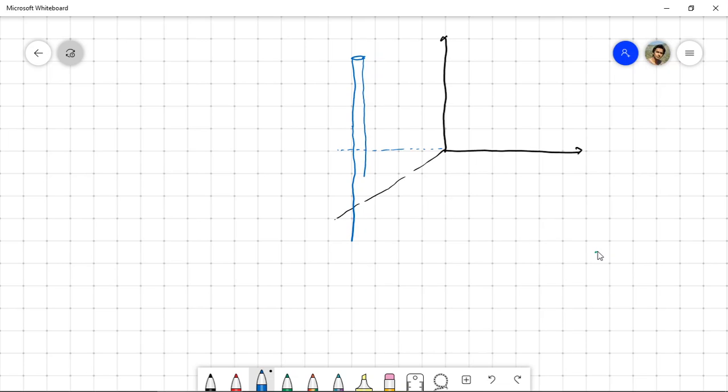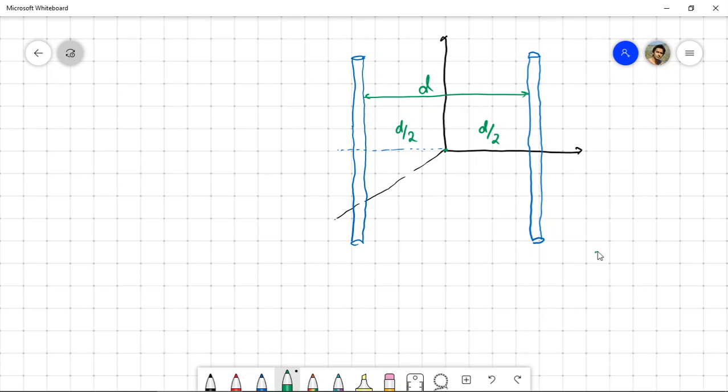So this is one conductor, and then we have another conductor which is placed over here. The distance between these two conductors is d. If we depict this distance with a variable, we'll say that it is d. So this side will be d by 2 and this one will also be d by 2.